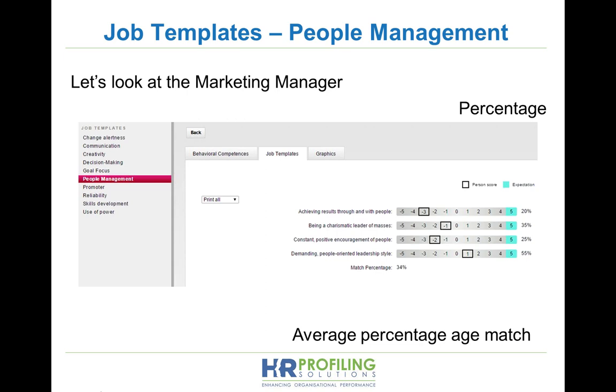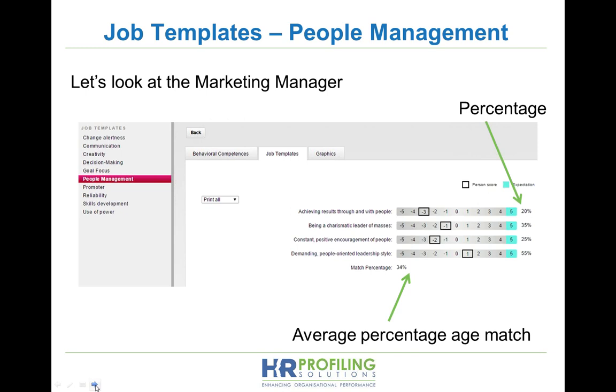This lets you see how the individual rates overall and also individually, because there could be some competencies a person has scored really well as far as job expectation goes. There could be some competencies that they have not scored particularly well. The example on screen, unfortunately for the marketing manager under people management, his overall percentage match is only 34%. So this gives his manager and also him some quite clear areas that he needs to work to develop.